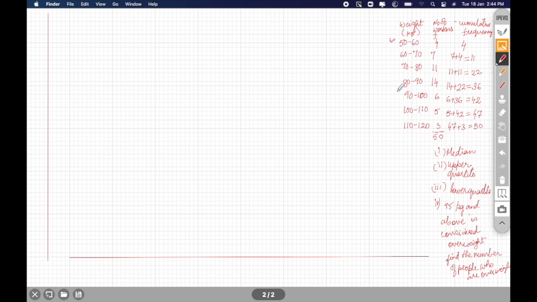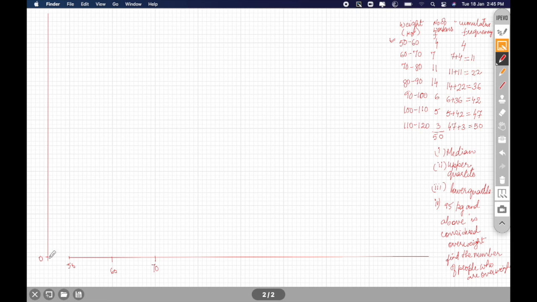Now since the origin is O, in the y axis I am going to count the number of workers starting from 0. But in the x-axis, the class interval does not start with 0 to 10, right? It starts with 50 to 60. So here I'm willing to take 50 and then all the upper class limits will be marked in this way.